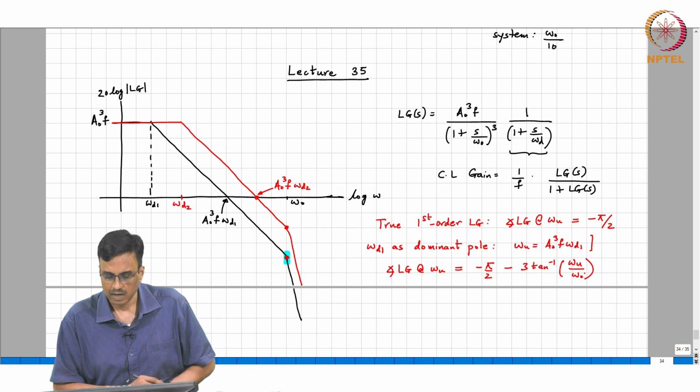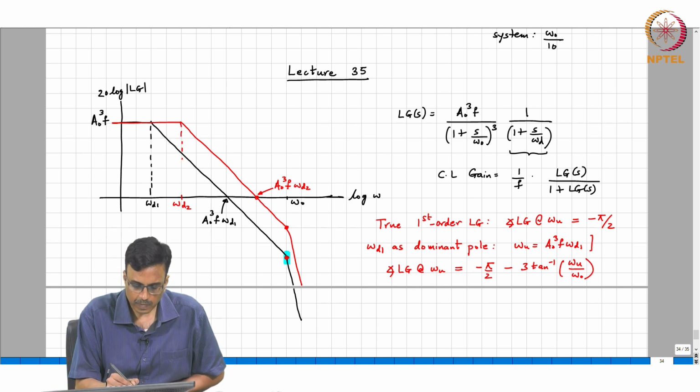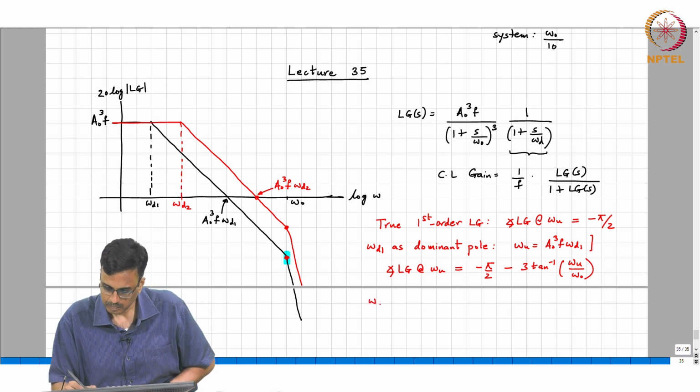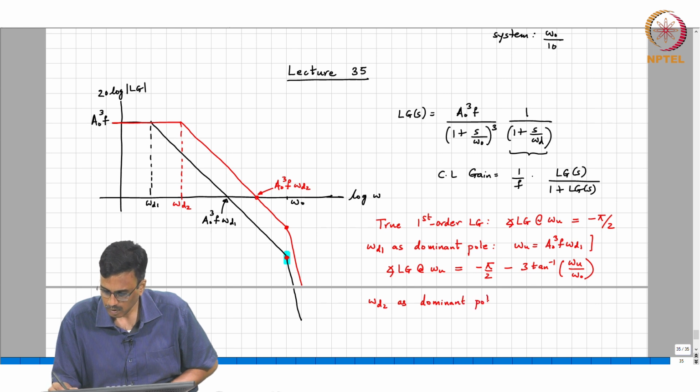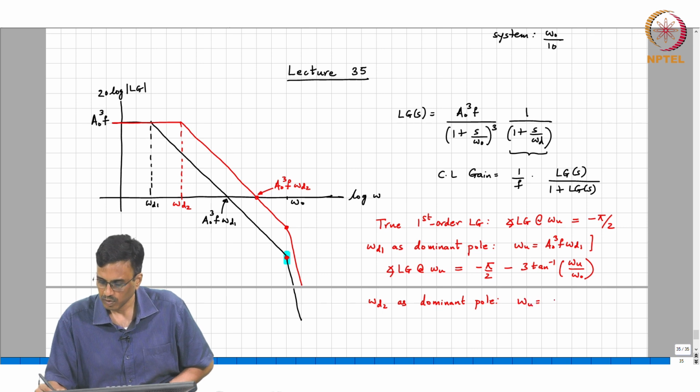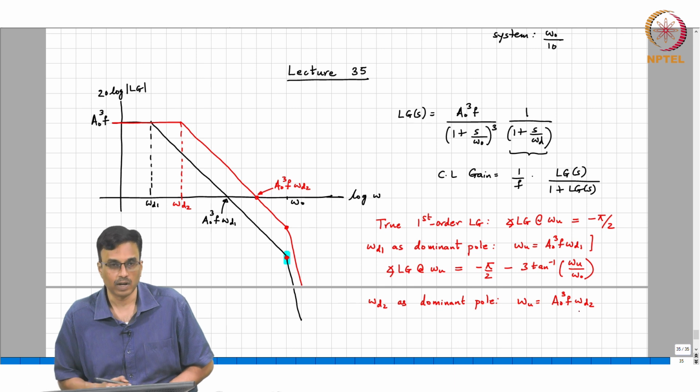And so therefore, if we chose omega d2 as the dominant pole frequency, what comment can you make? Omega u is now, we just have to replace omega d2 instead of omega d1 in all our expressions.